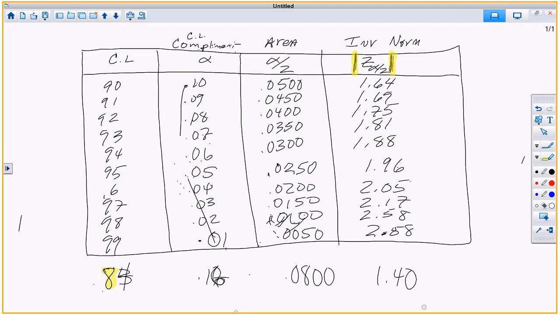Okay, so there will be some homework questions that'll just give you something like this. Find z sub alpha over 2, and they'll say at a 75% confidence level. And they'll put CL right here.